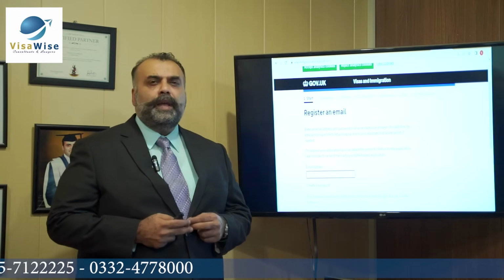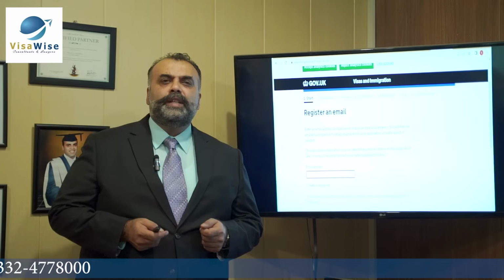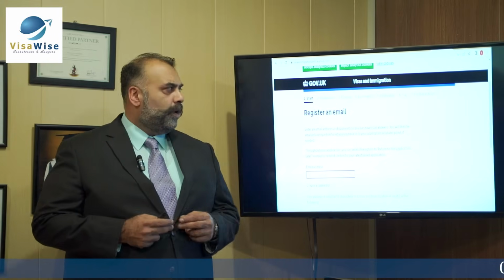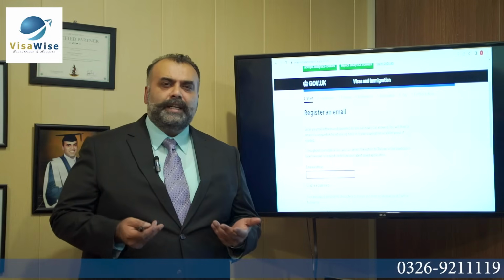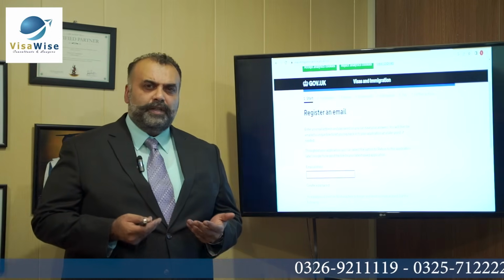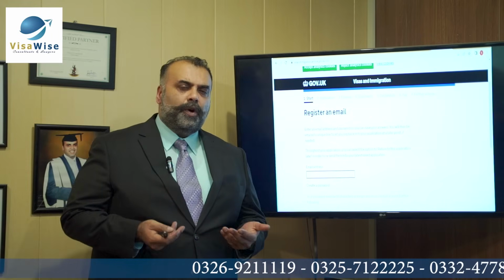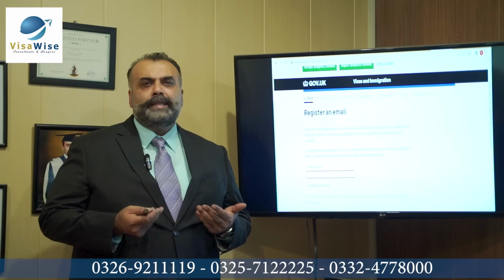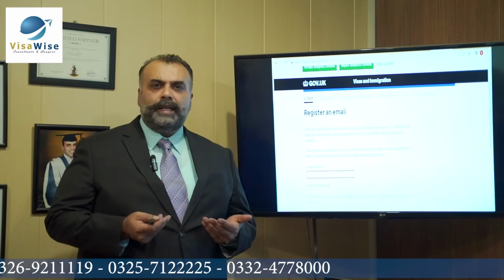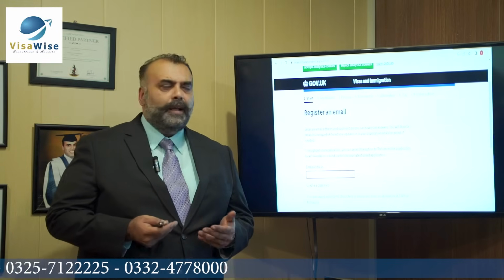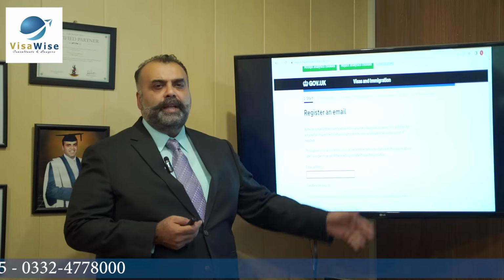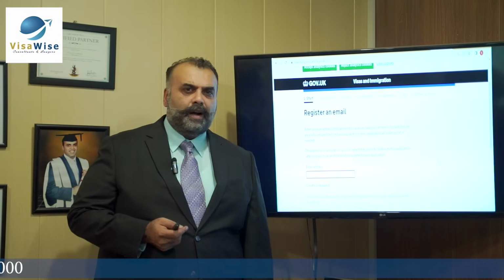You also need to pay what we call the immigration health surcharge. So it is an application where you are intending to have 2.5 years' worth of visa. In accordance with that, you will have to pay 624 pounds each year upfront, and that will be taken from your debit or credit card.